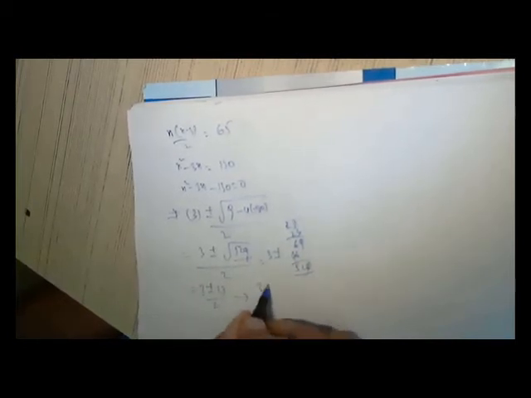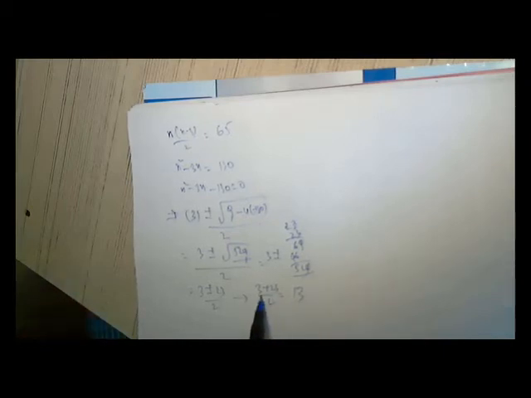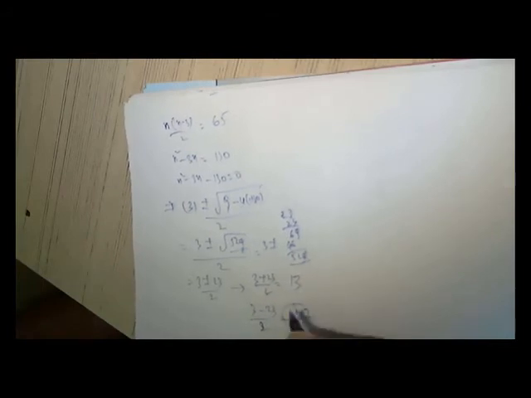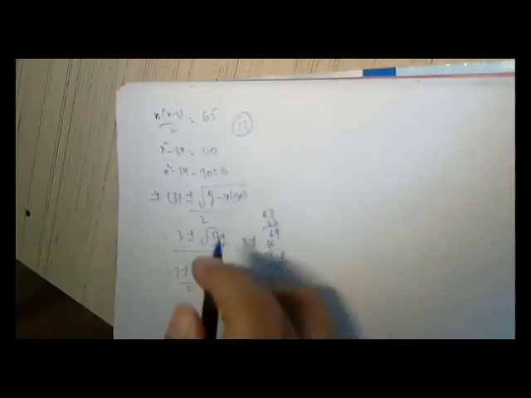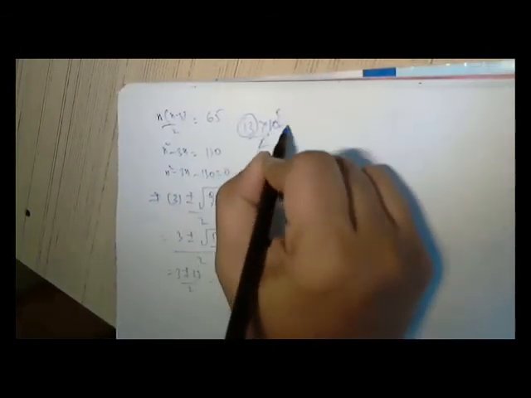If I take plus, 3 plus 23 by 2, that is 26 by 2, that is 13. If I take minus, 3 minus 23 by 2, minus 20 by 2, so minus 10. Can the number of sides be negative? No, it cannot be. So 13 is the correct answer. If you multiply 13 into 10 by 2, 13 fives are 65.